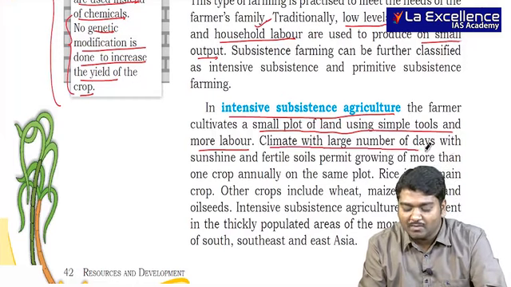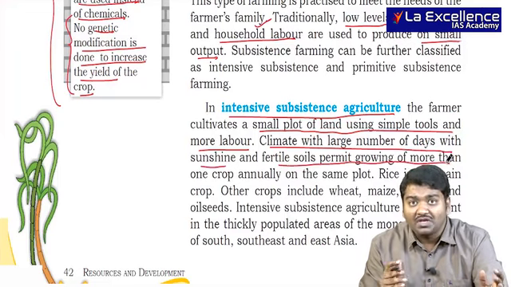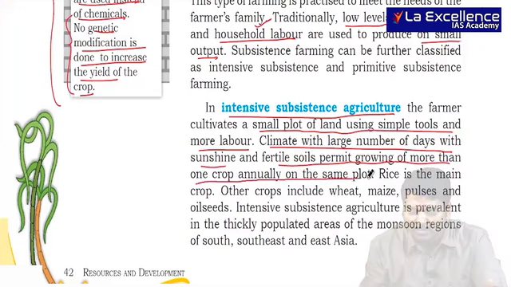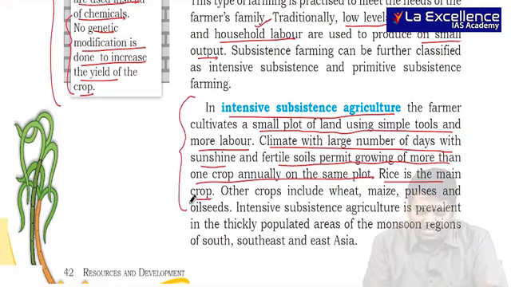Climate with large number of days with sunshine and fertile soil permits this. So here they usually try to grow one crop annually on the same plot. Rice is the main crop in most of the intensive agricultural regions. We call it intensive subsistence farming.